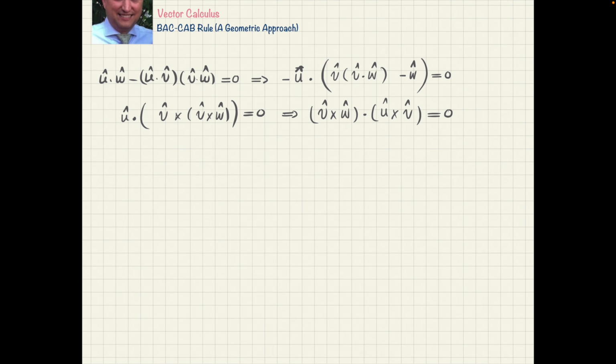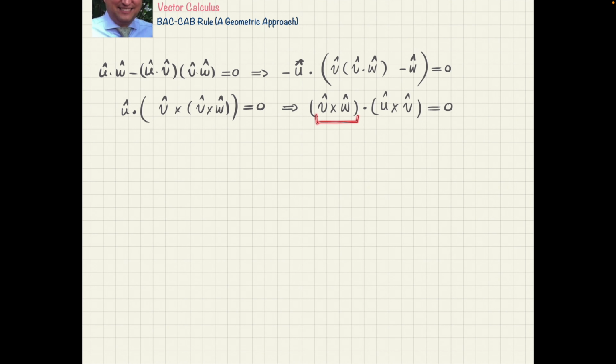So what does this mean? This means that this vector and this vector are perpendicular. Okay, what is this vector? This vector is a vector which is perpendicular to v and w simultaneously. And we are considering the case that v and w are not parallel, so this means that this vector is perpendicular to the plane that contains these two vectors.